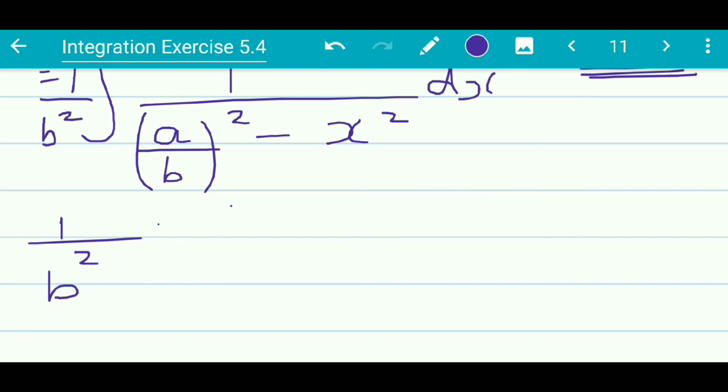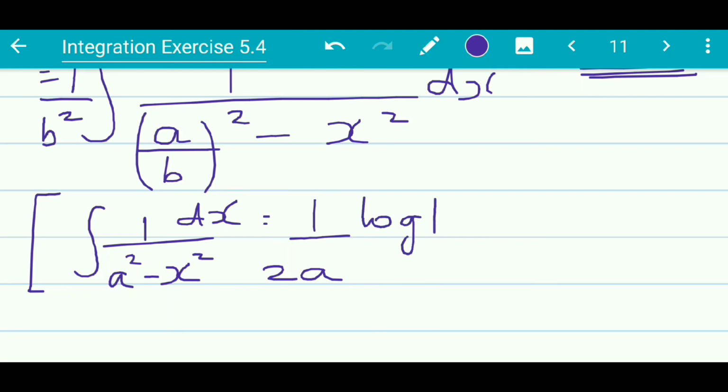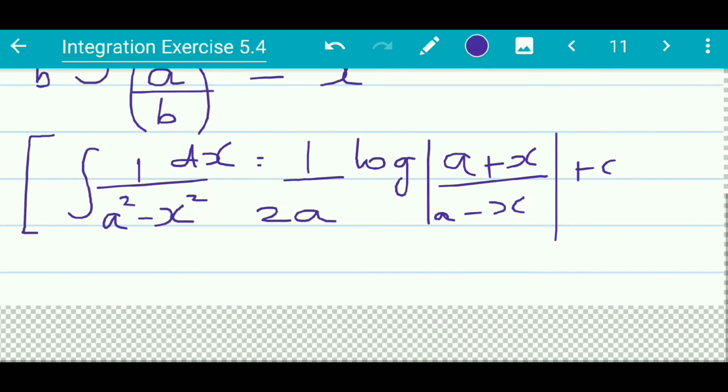I'll write the formula and show it to you first of all. The formula which we are going to use here is 1 upon a square minus x square, which is 1 upon 2a, just like the first result, 1 upon 2a, only difference is here log mod of a plus x upon a minus x plus c. This is what we are going to get as the answer.